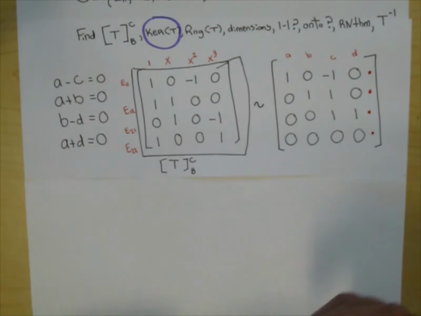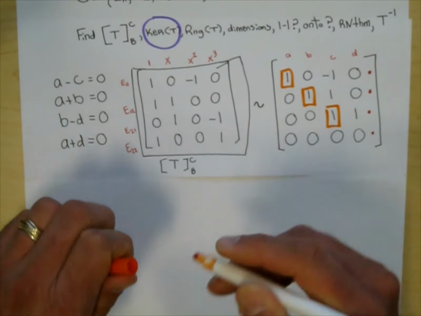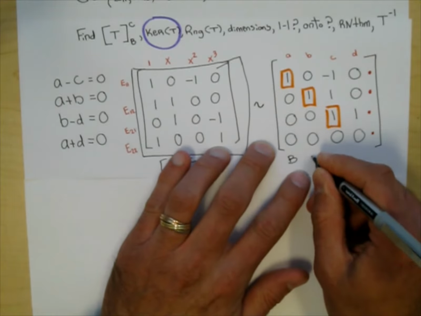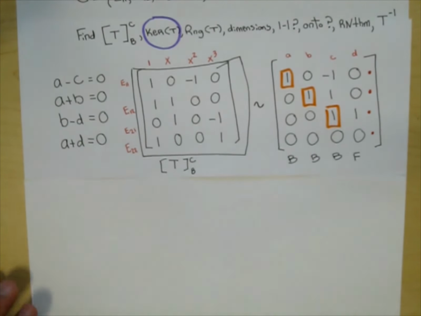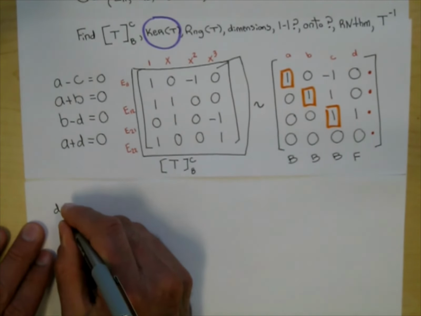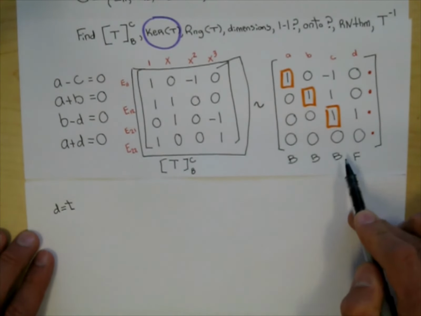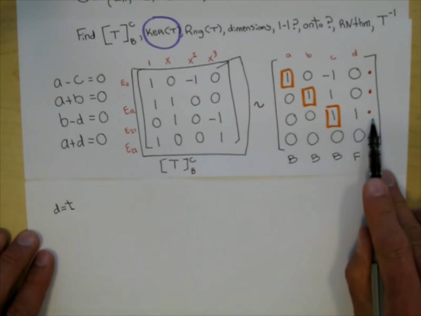I'm going to box all my leading ones, and identify those variables as bound. Bound, bound, bound, and then that one is free. So D is free, D is T. Sounds like we're doing poetry here. C, so remember, this is an equation that says C plus D equals 0.